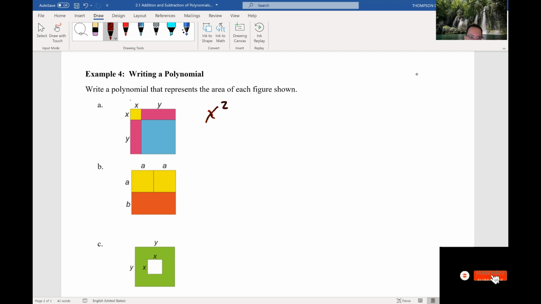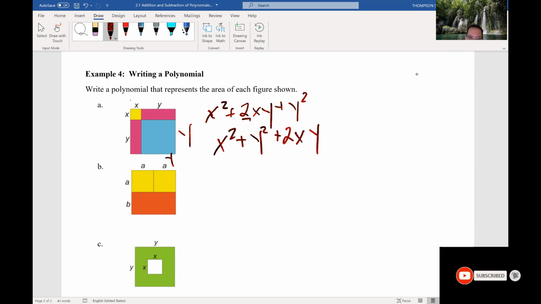The width is x, the length is y, so that's going to be plus 2xy. And then we have the blue square, which is y by y, so plus y squared, so it'll be x squared plus y squared plus 2xy, and we are done.